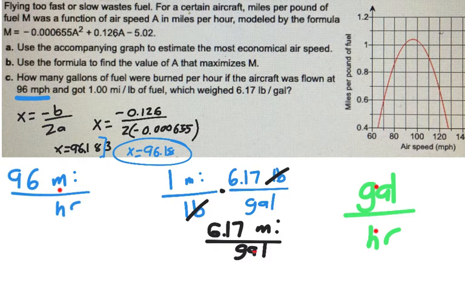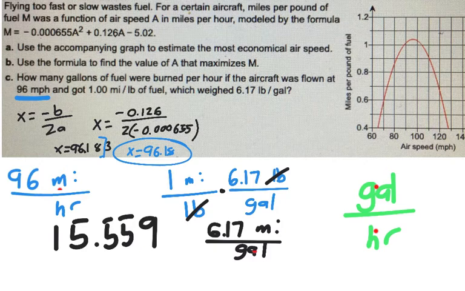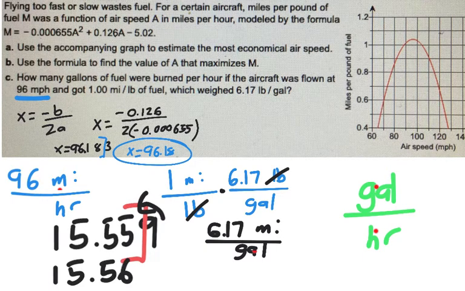So I would do 96 divided by 6.17. And that tells me it is 15.559, and I would need to round that to 2 decimal places. So the 9 would tell the 5 to go up to 15.56.